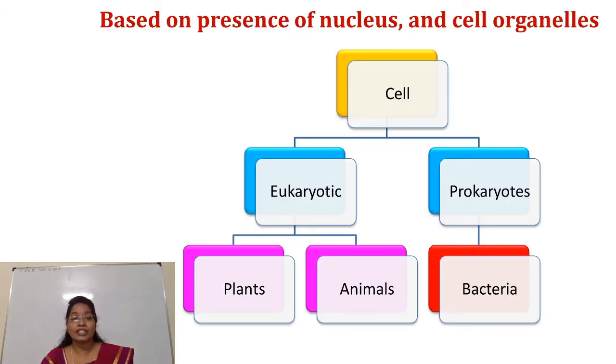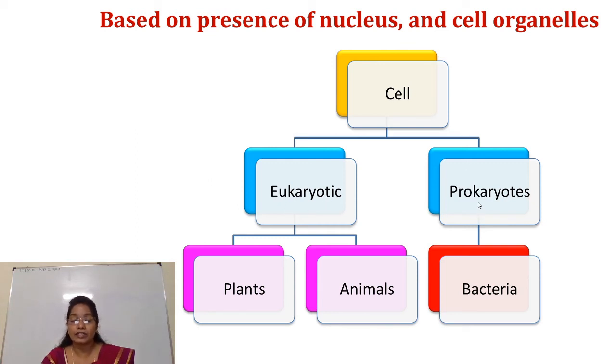Based on presence of nucleus and cell organelles, these cells are of two types. One is eukaryotic and second is prokaryotic. As the name suggests, karyon means nucleus. Pro means primitive and eu means true. So, eukaryotes means true nucleus.